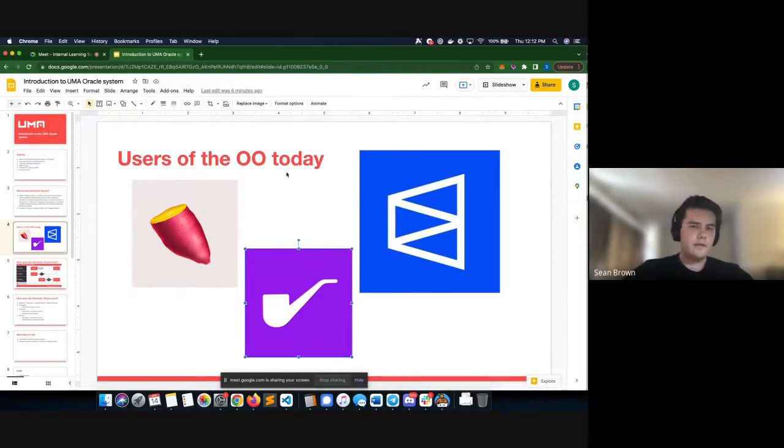There's also less structured things where there aren't necessarily set prices or pieces of data being requested, but more like generalized dispute resolution. So this logo is for Sherlock Protocol, which is an insurance protocol in DeFi.